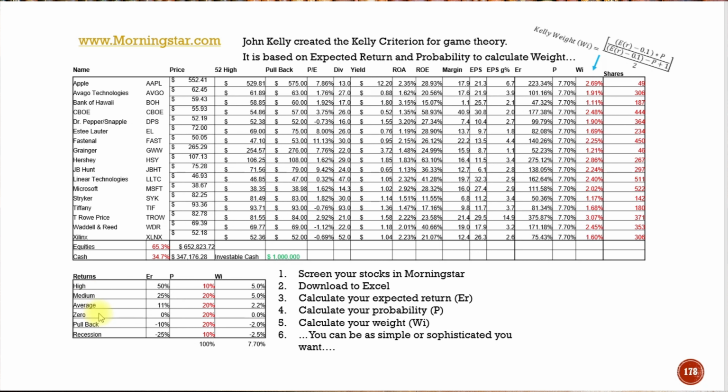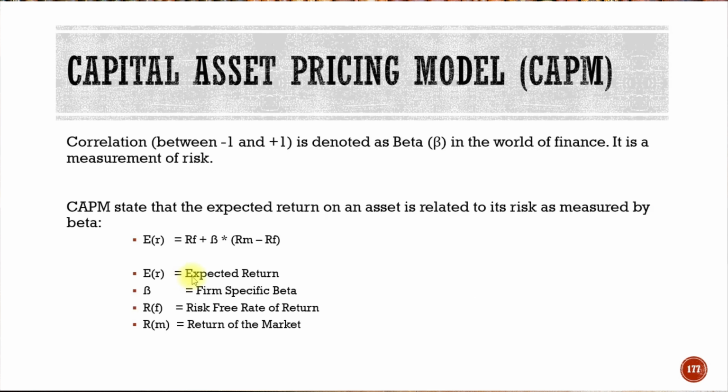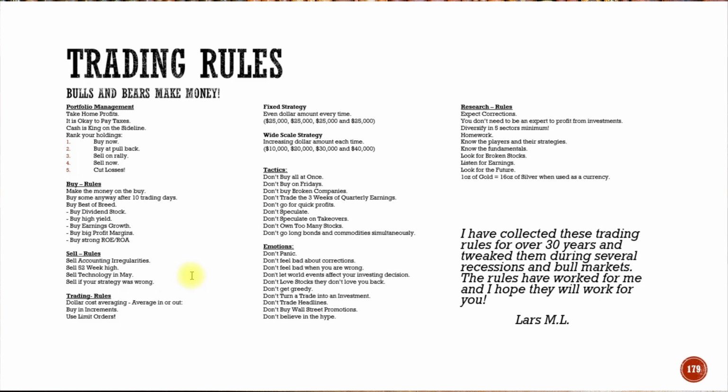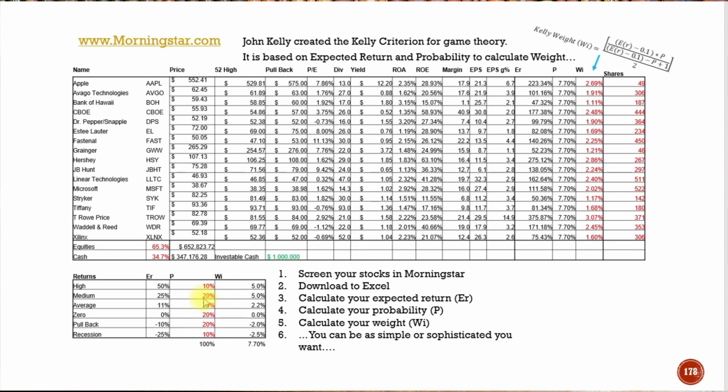You will put down and estimate what kind of expected return you want to put here. Then you estimate, and this is back to art, the probability of each event happening. You need to make sure it's 100%. It can't be 110 and it can't be 90.